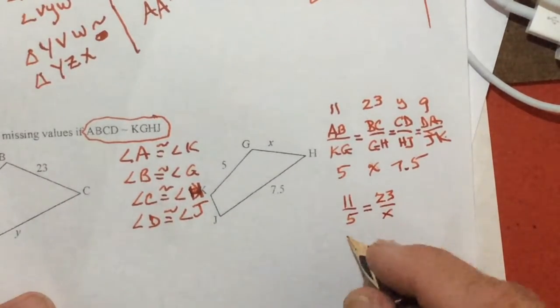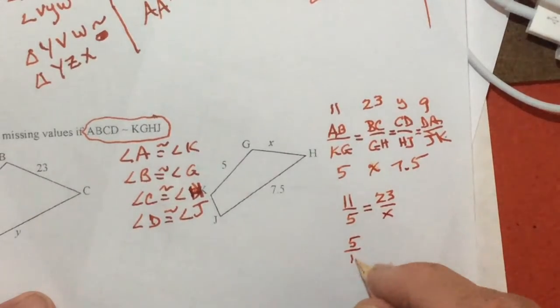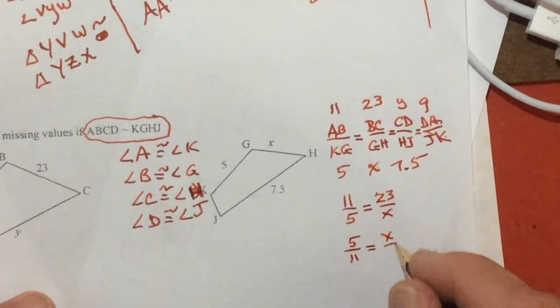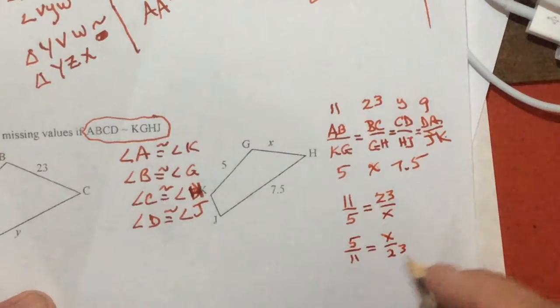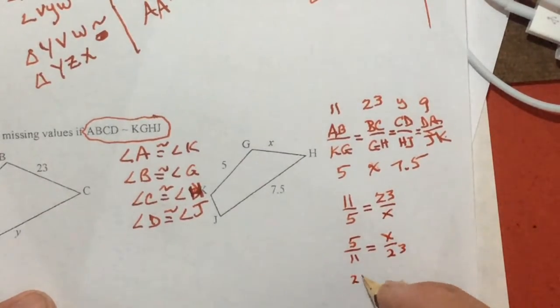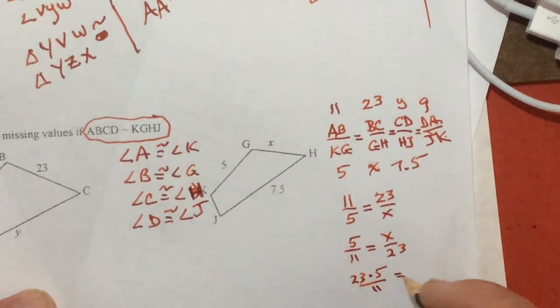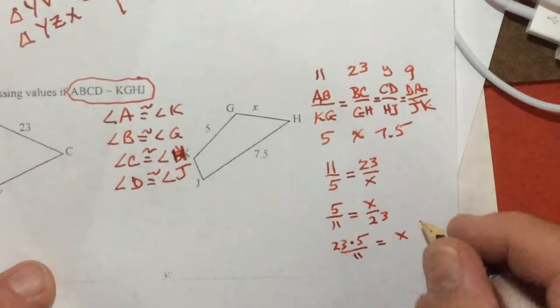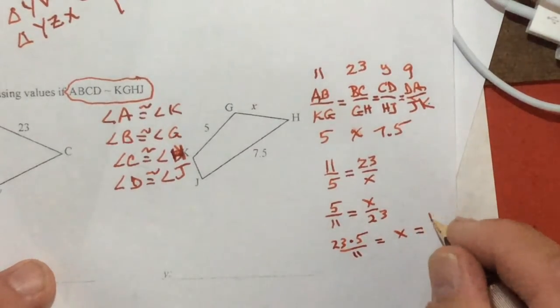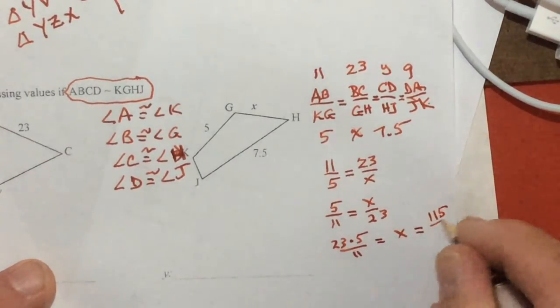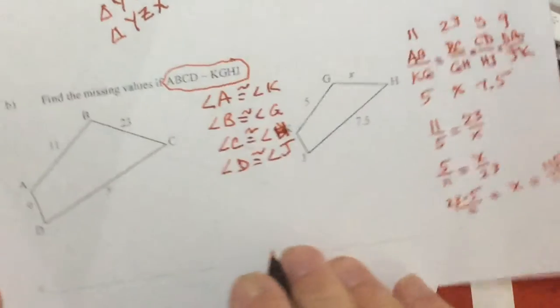First things first, I can flip the two of them so that X is on the top. That makes life easier. And then multiply both sides by 23 to find out what X is. 23 times 5 is equal to 115. So X is 115 divided by 11. And you can stop there.